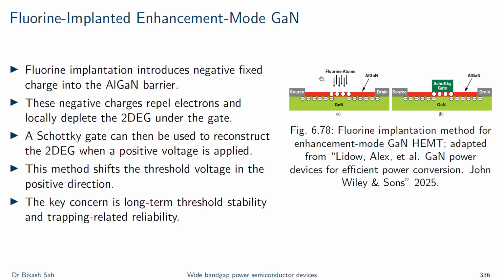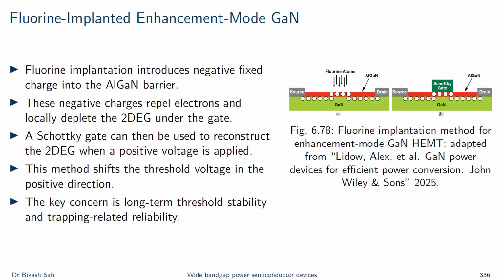These atoms introduce a negative fixed charge in the AlGaN barrier, and this negative charge repels the electrons and locally depletes the 2DEG under the gate. With this 2DEG depleted at 0 bias, the device becomes E-mode.